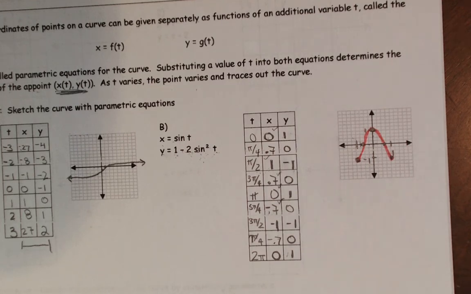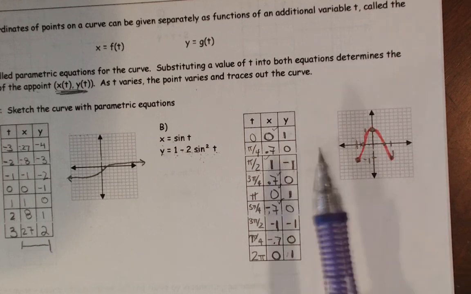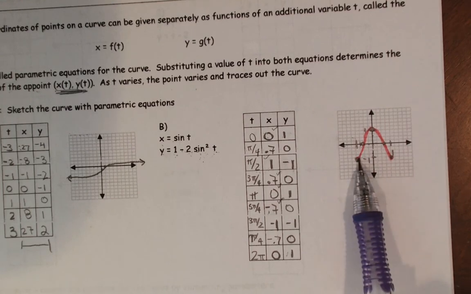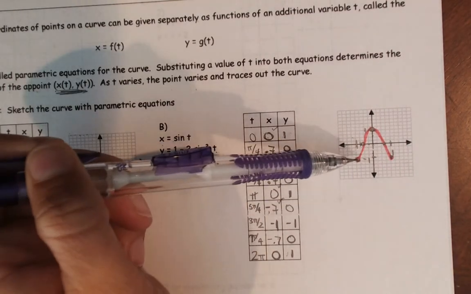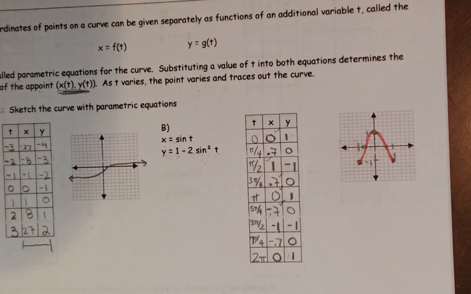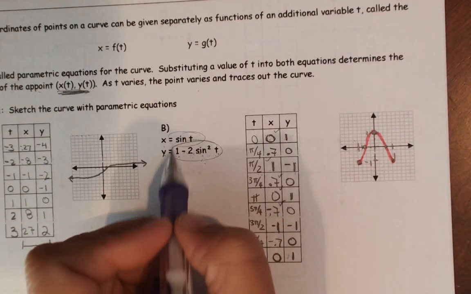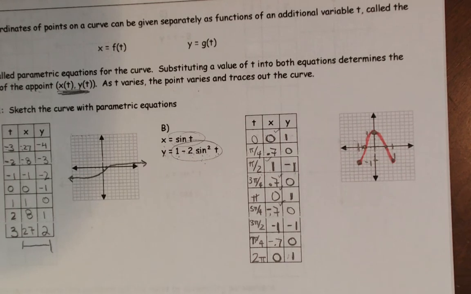What I want you to notice is that I'm not going beyond negative 1 and 1, and I'm not going beyond negative 1 and 1. So when we have some t values, we could get some restrictions there if we're using trig functions. And we'll talk about that more in the next example.